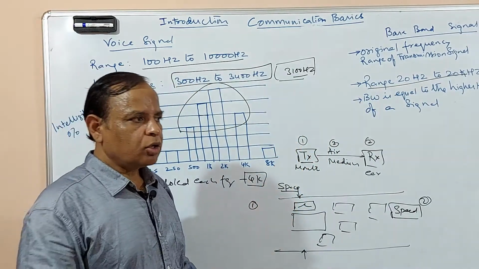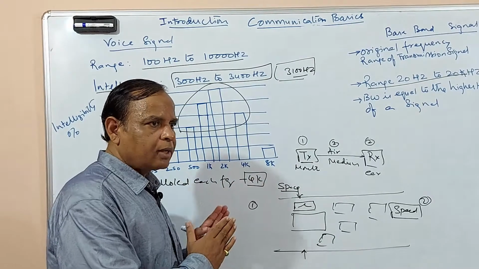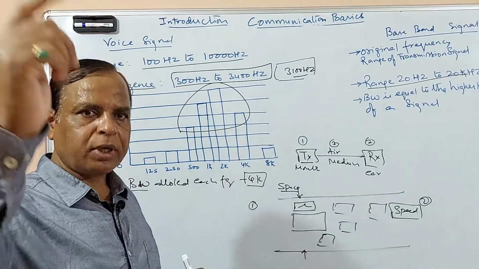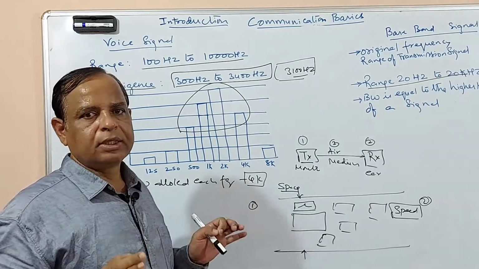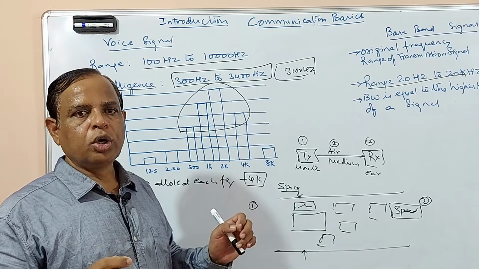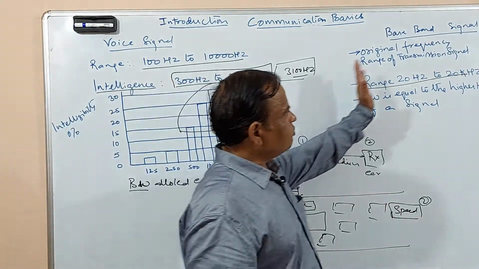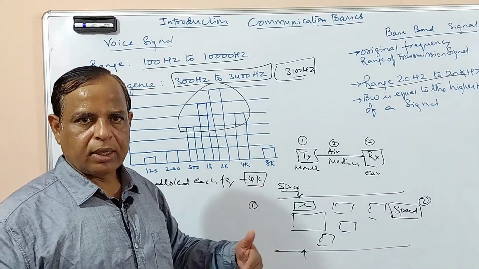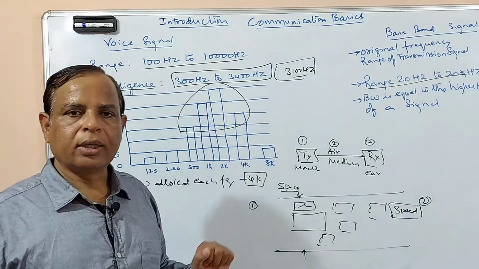Now if the song has to move from one point to another, all these frequencies have to reach the destination. Only then will the receiver be able to reproduce the original signal. So all the signals that are originally generated lie in the range of 20 hertz to 20 kilohertz.